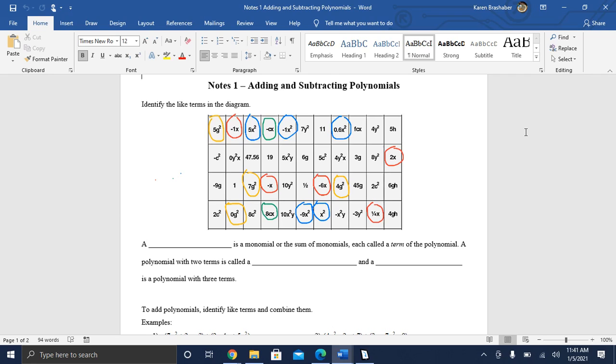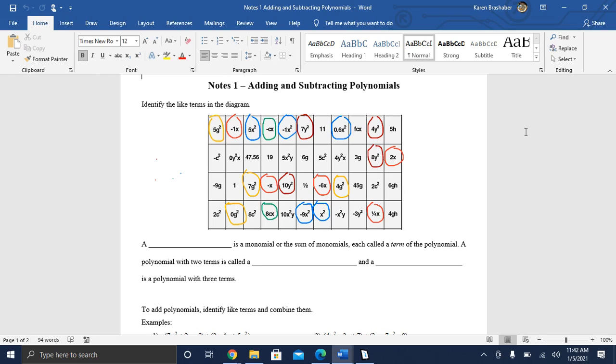So those would be like terms. Nothing else has just a c and an x. I'll switch colors again. I'm looking at 7y to the second. So anything that would have a y to the second in it, and only y to the second. It can have a number that differs, but the variable has to be the same.